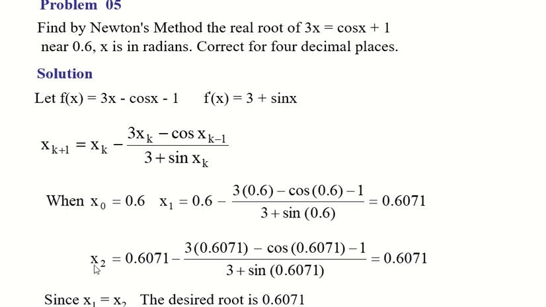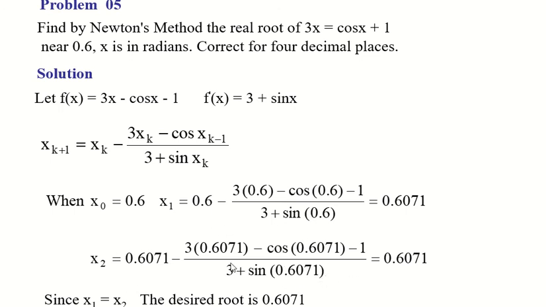So go to the next iteration. x2 will be x1 minus 3x1 minus cos x1 minus 1 divided by 3 plus sin x1. Your x1 is 0.6071. So x2 is 0.6071 minus 3 into 0.6071 minus cos 0.6071 minus 1 divided by 3 plus sin of 0.6071.